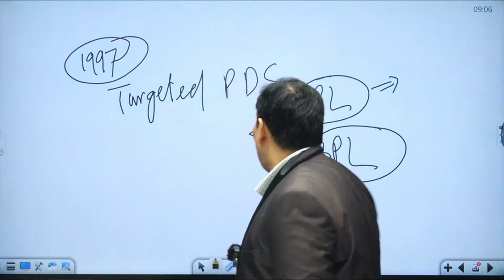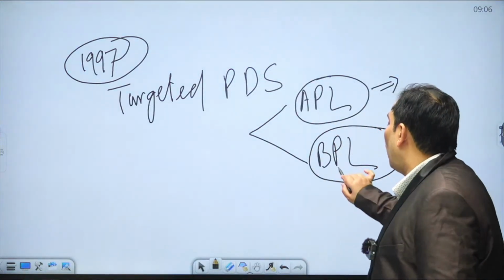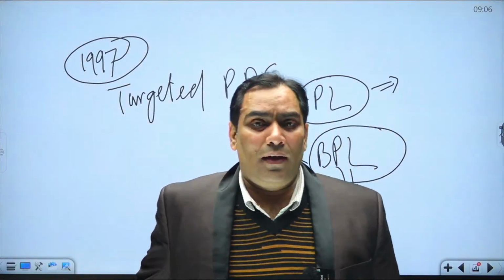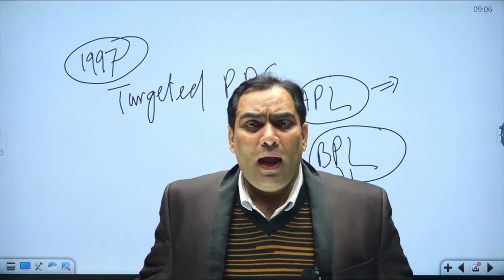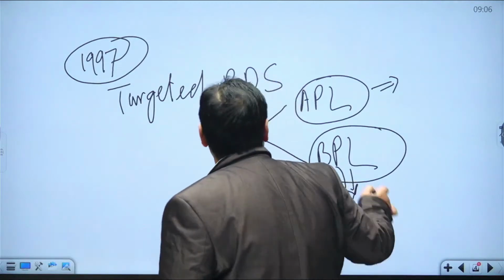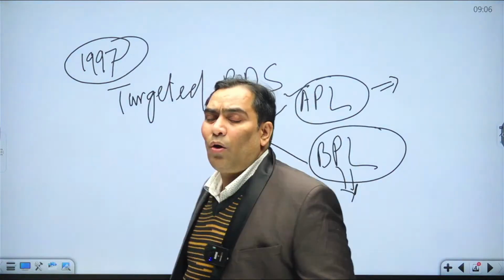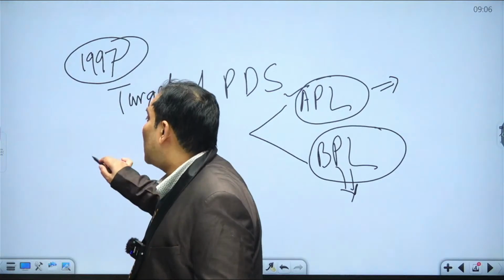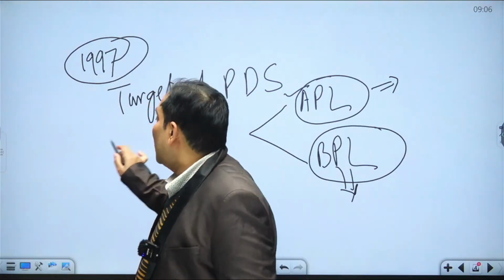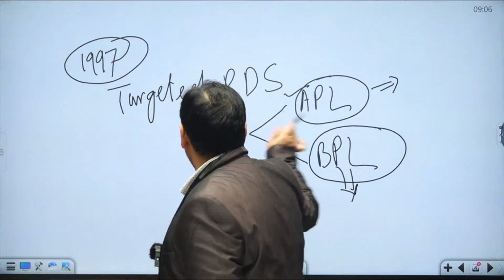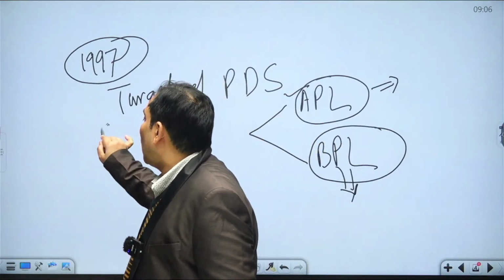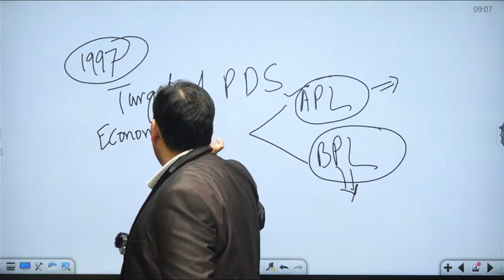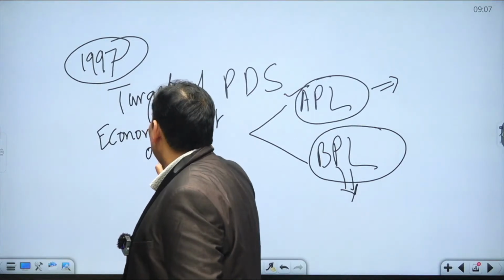And BPL were the individuals who were below the poverty line. Please be very clear. The individuals above the poverty line, known as APL category individuals, were entitled to get the food grains through PDS at economic cost of FCI. Be very clear, at economic cost of FCI.